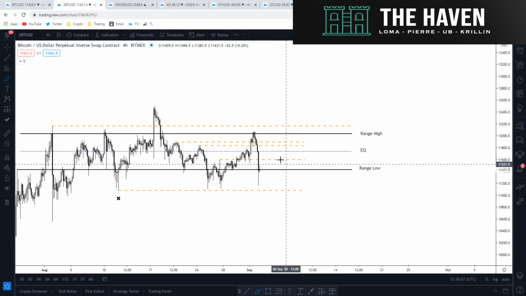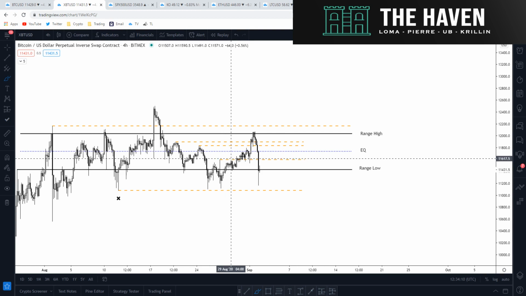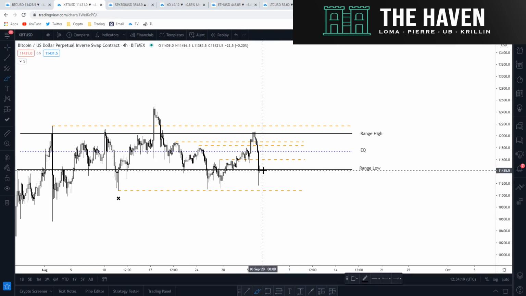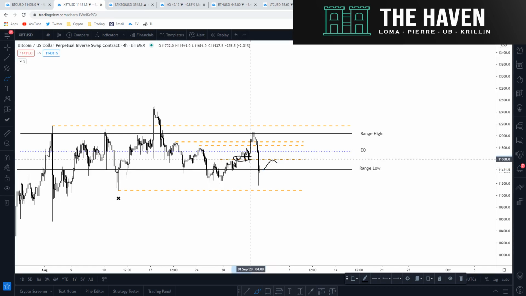So if we were to grind back up above the first set of highs here, obviously these are now tapped highs, so they're not untapped highs, but it still most likely will be an area of resistance.